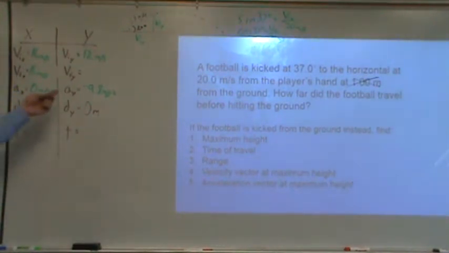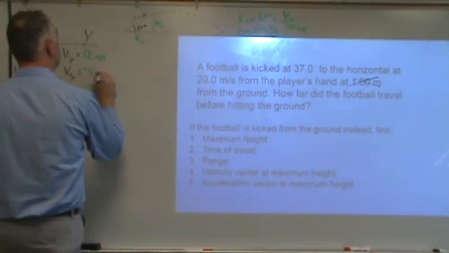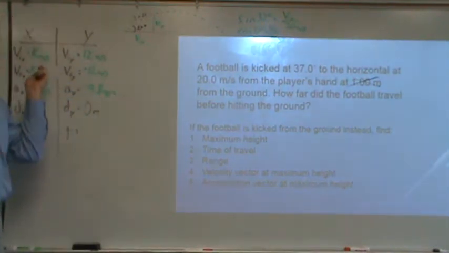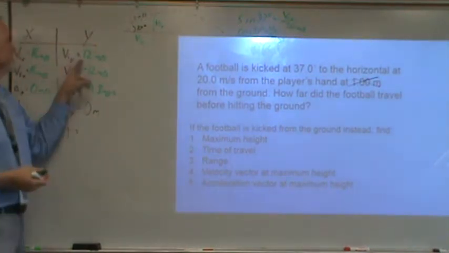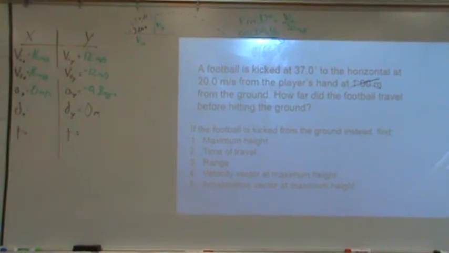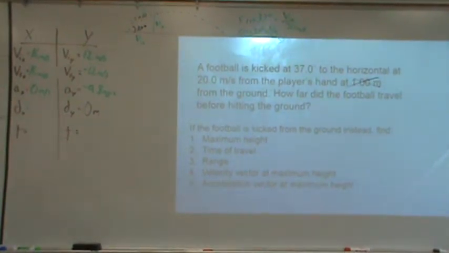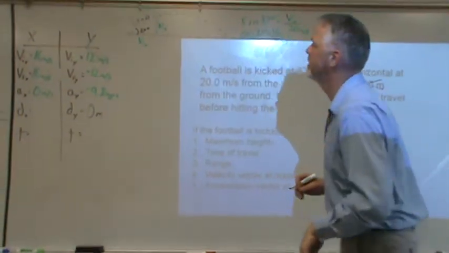Now, final velocity in the y direction, I can actually know in this case. Negative 12, absolutely. It started out at 12 meters per second. In this case, it goes up the exact same distance that it goes down. So whatever its initial velocity is, its final velocity will be the same thing, but in the opposite direction. That's why the negative. All right, so now I can go through, I can solve for time.